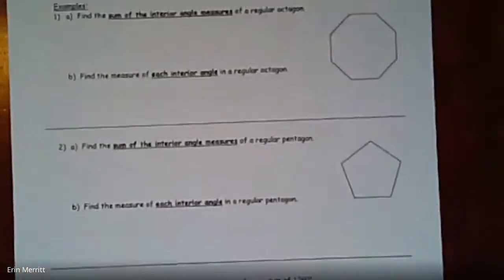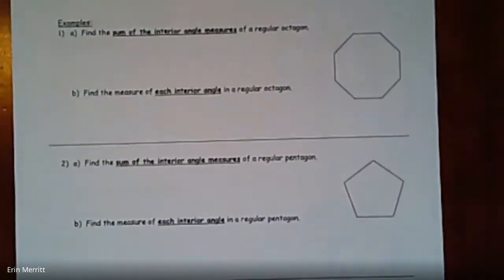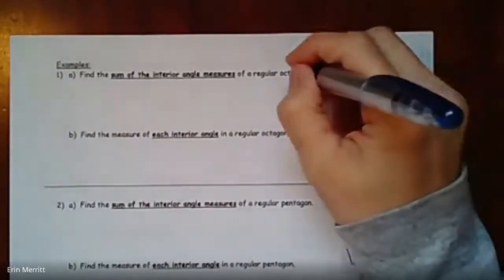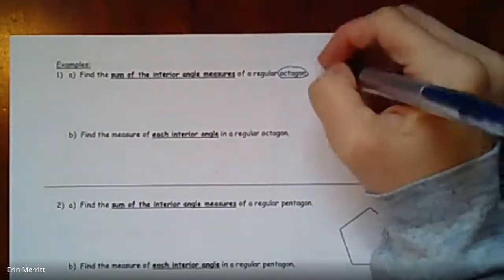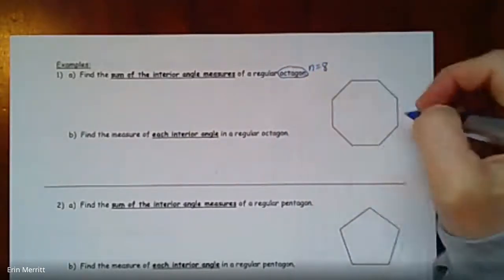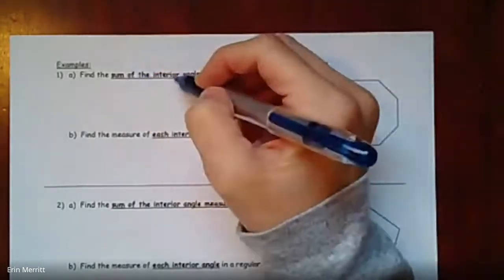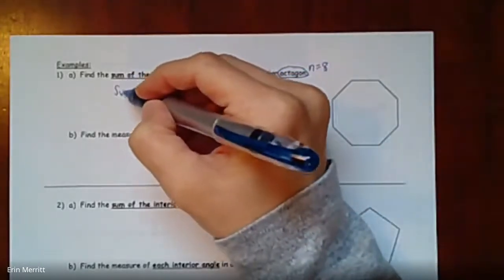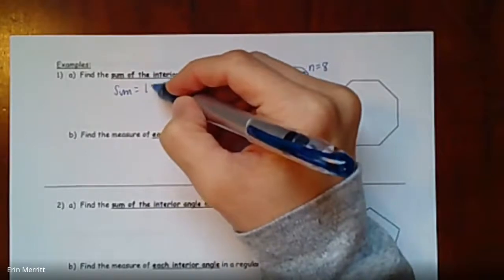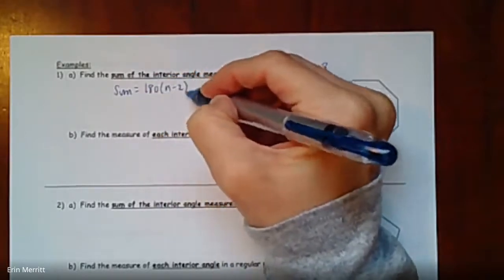So over here, when it says, let's find the sum of the interior angle measures of a regular octagon. Well, you've got a diagram, but right now I'm hoping that you're thinking octagon. Okay, that's 8 sides, or you can count up and confirm that. So again, the sum formula, I'm just going to write it down again. The sum formula is equal to 180 times n minus 2.